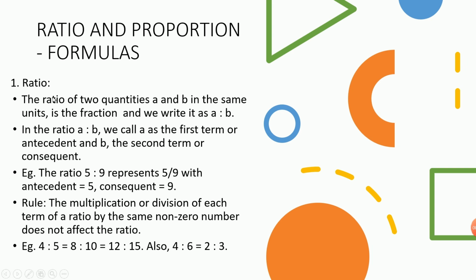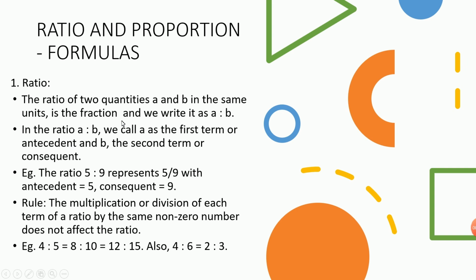So first one is ratio. So we are writing it in the fraction format. So that is A is to B. We call A the first term or antecedent. See, in the exam, instead of first term, they might give you antecedent. So you have to quickly understand, if the word antecedent comes, that denotes the first term. Then likewise for the second term, consequent.